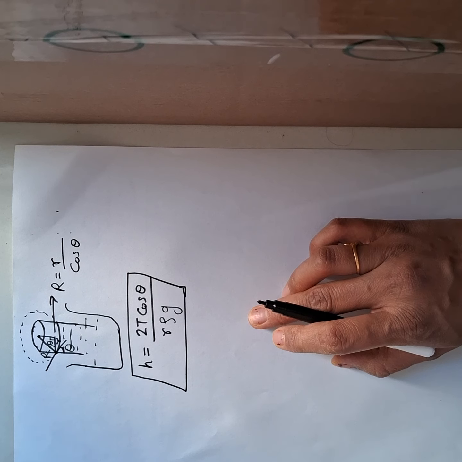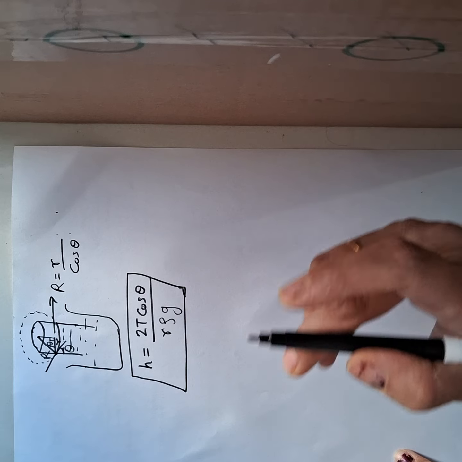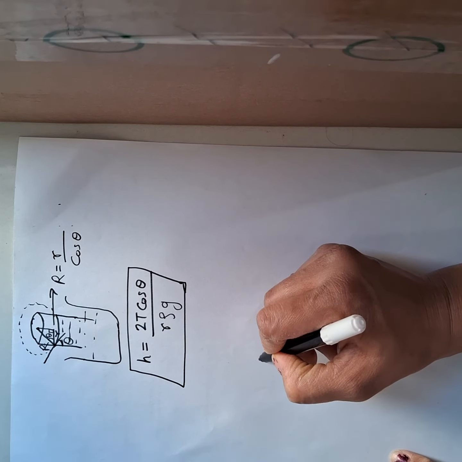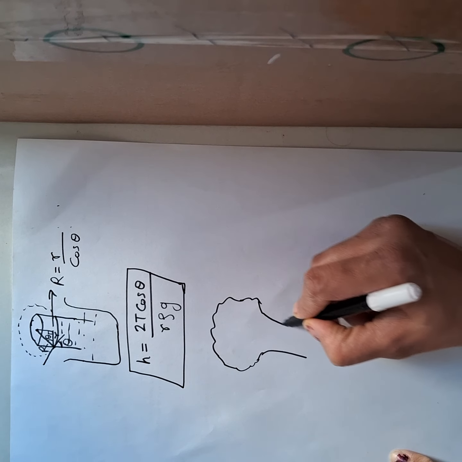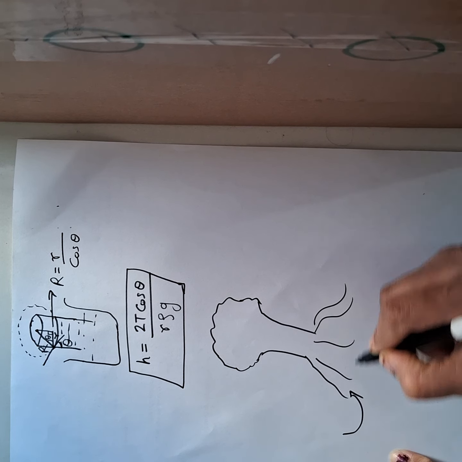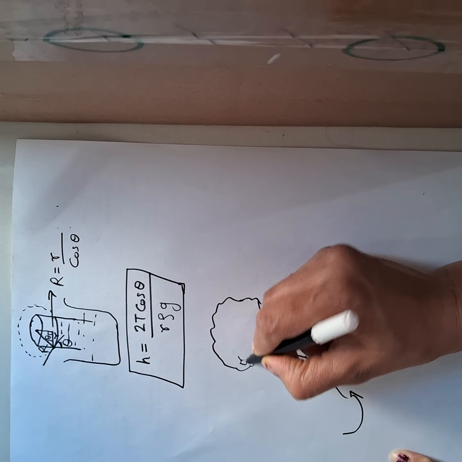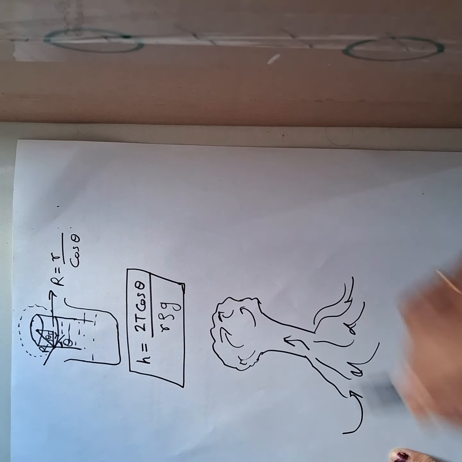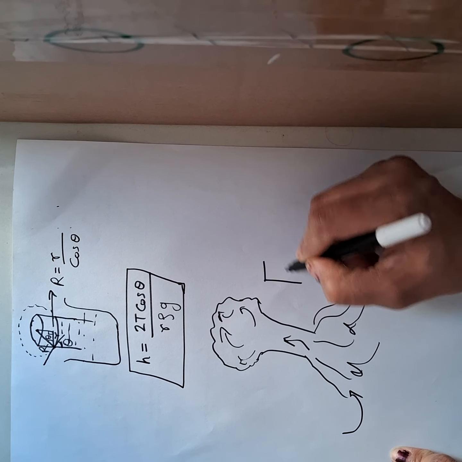One of the most well-known examples we see in nature regarding capillary action is the absorption of water in plants. Suppose this is a plant and these are the roots of this plant. The water molecules pass from the soil to the trunk and to the leaves. But how does it happen? The water is passing against gravity, because in plants we have xylem.